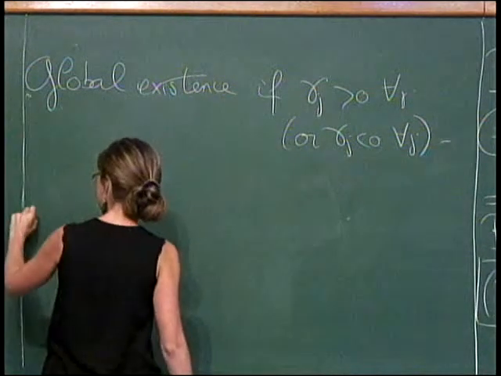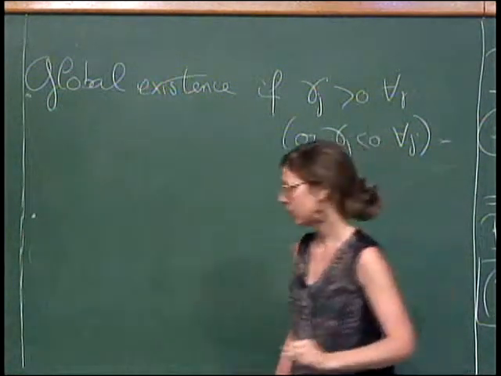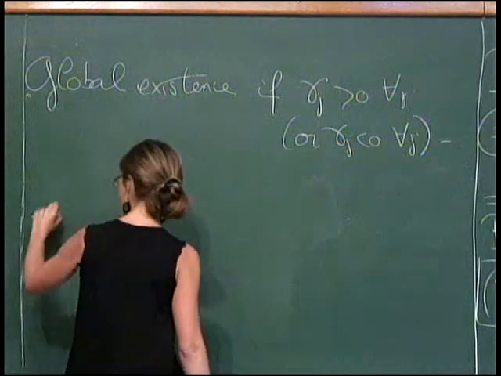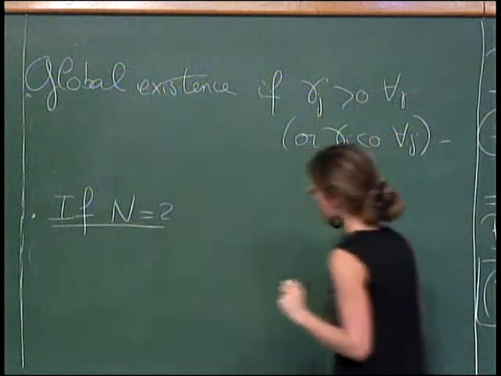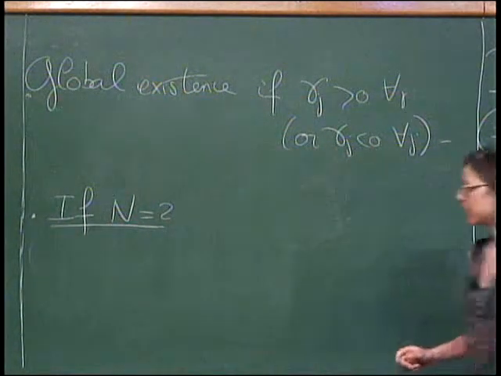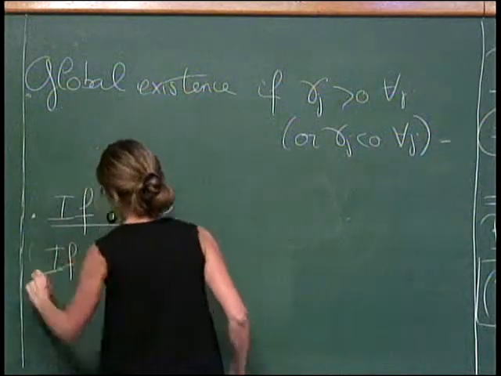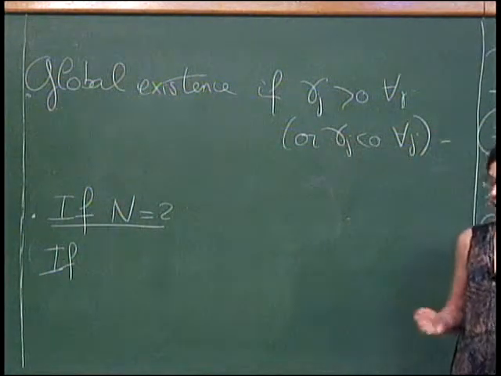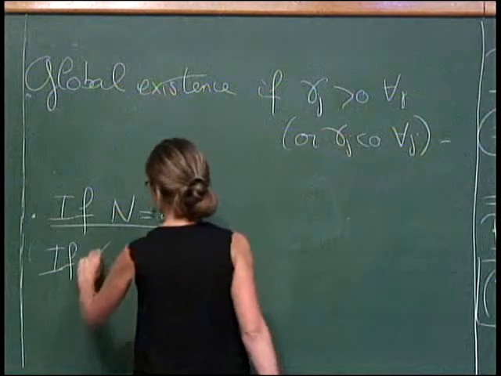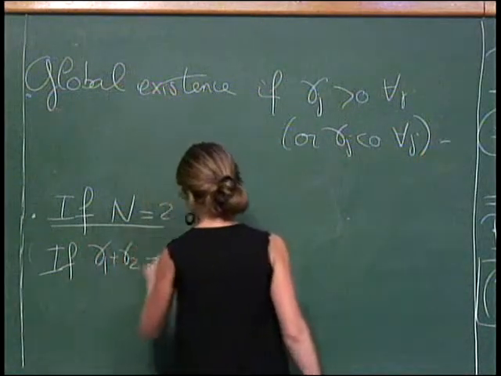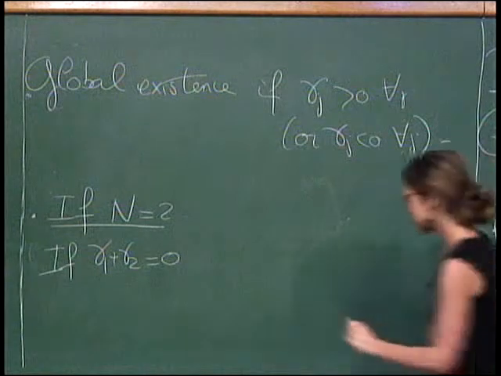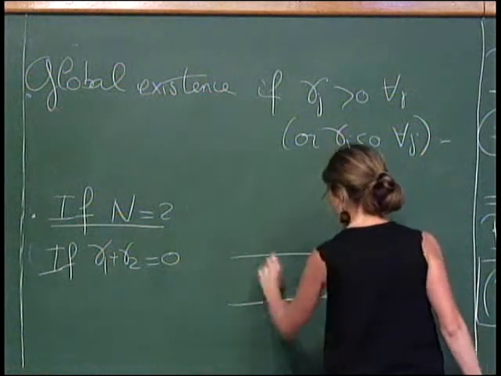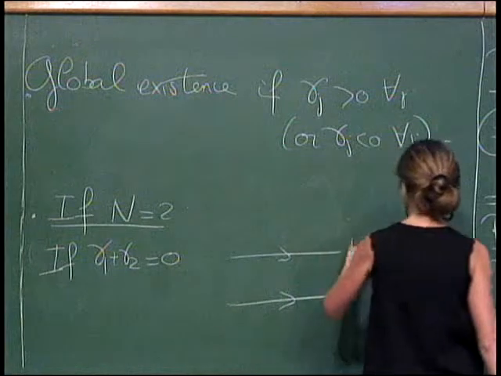Now, if n equals 2, so if I take 2 point vortices, as was already said, there are two situations. So we have a relative equilibrium. If the sum gamma 1 plus gamma 2 equals 0, then the pair of point vortices translates uniformly in time. So we have uniform translation.